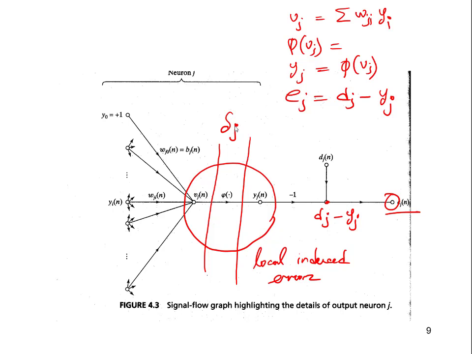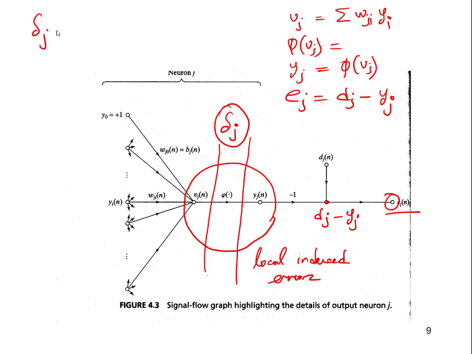This local induced error will be computed within this neuron, considering the errors generated by the loss function and propagated through the other neurons also. So this term is considered only for the neuron by itself, inside it.